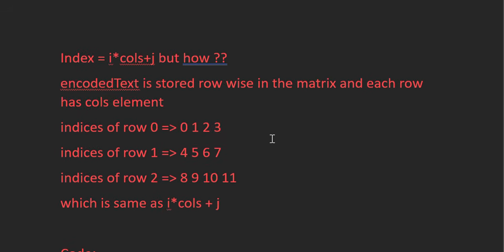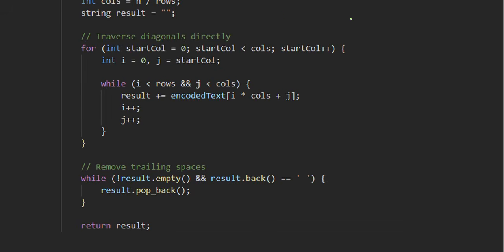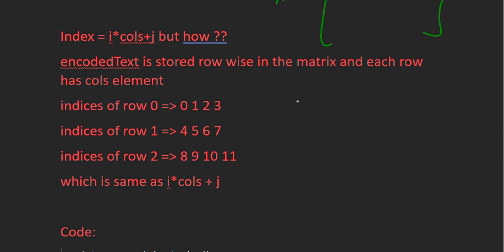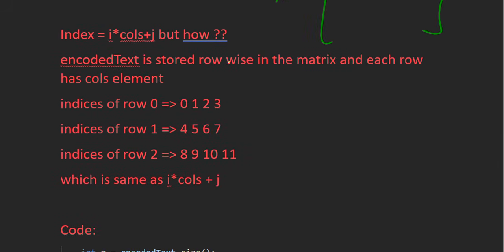Index is equal to i times columns plus j. How? As we know, our matrix has rows and columns, right? And we are storing the encoded text row wise.